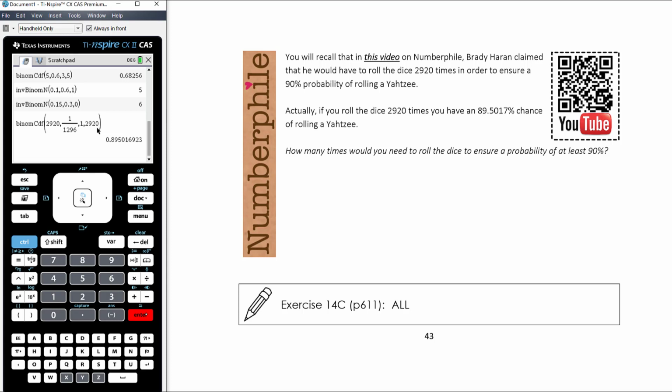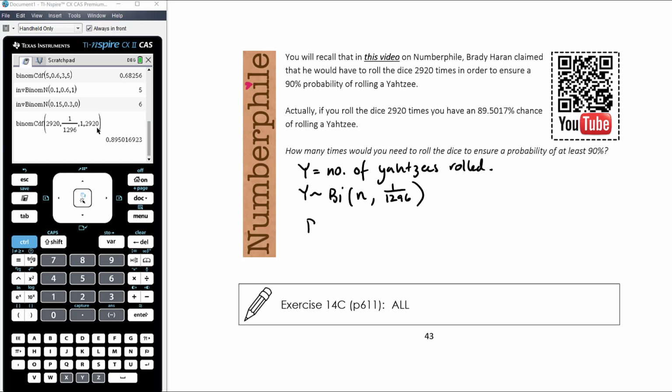Okay, so if Y is the number of Yahtzees, and Y is a binomially distributed variable, n is what we don't know here, the probability of rolling a Yahtzee on any given roll is 1 in 1296. And here we want the probability that I get at least 1 Yahtzee to be more than 90%.